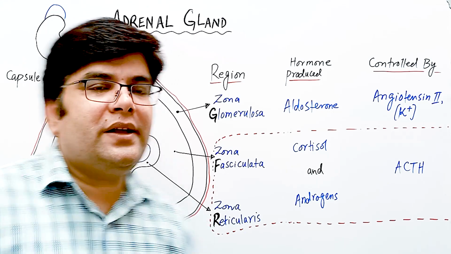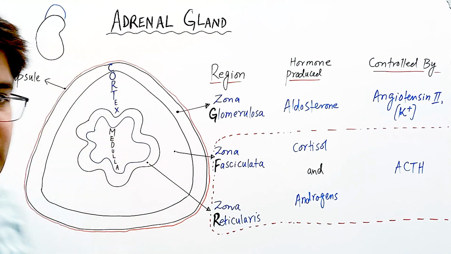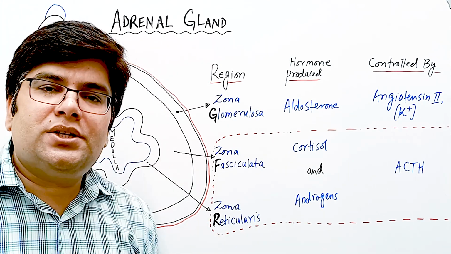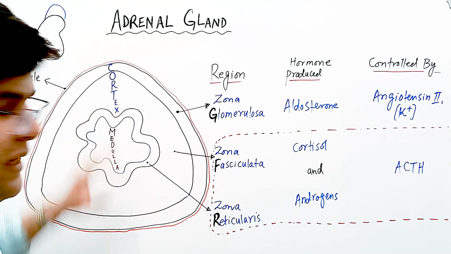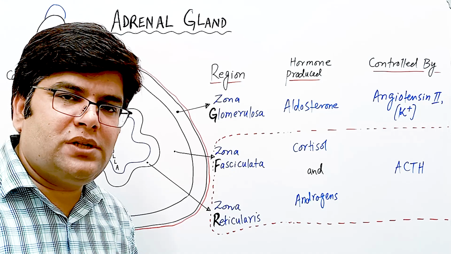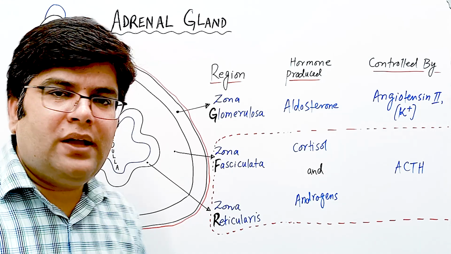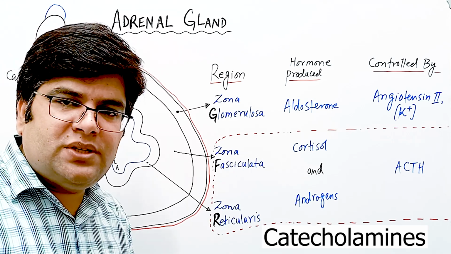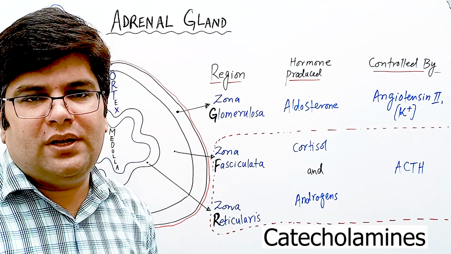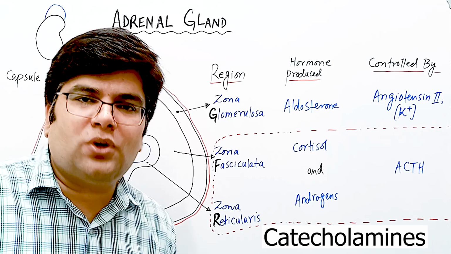The outer zone of adrenal gland, which is cortex, is 80%, and this creates steroid hormones which are lipid soluble. Inner zone is medulla. This is just 20% of the total size of adrenal gland, and this creates catecholamines, mainly epinephrine 80% and 20% norepinephrine, and these hormones are water soluble.